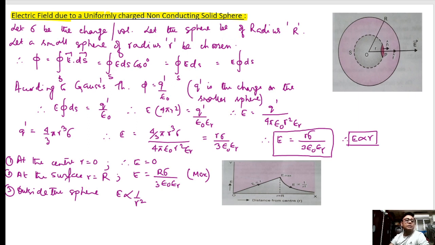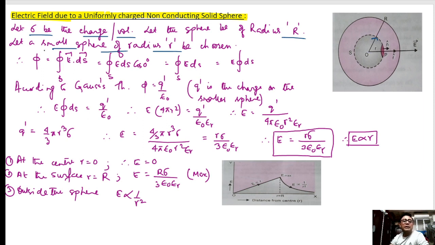Electric field due to a non-conducting solid sphere. So let's see. This is a solid sphere of radius R. Let sigma be the charge per unit volume. That means for unit volume, the charge is sigma. Now we imagine a small sphere of radius r. This is the radius r.